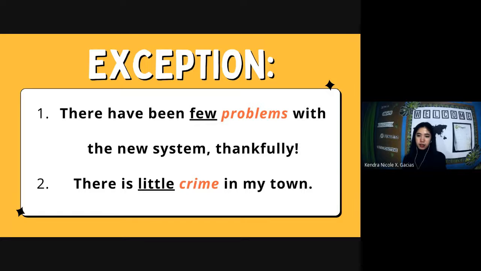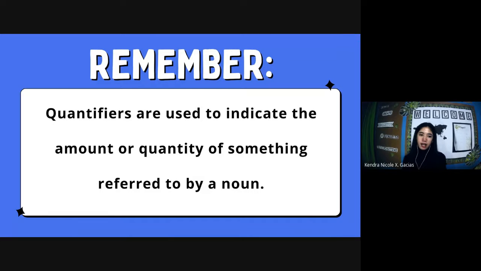So let us all remember that quantifiers are used to indicate the amount or quantity of something referred to by a noun. So they indicate an approximate amount rather than an exact amount. So we are having our review now. Later on I will know if you really learned our topic.